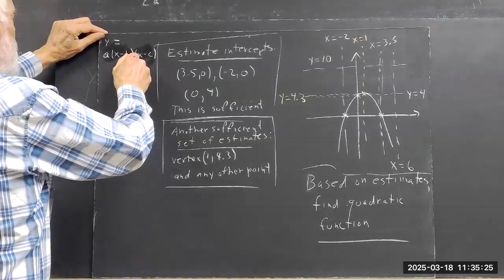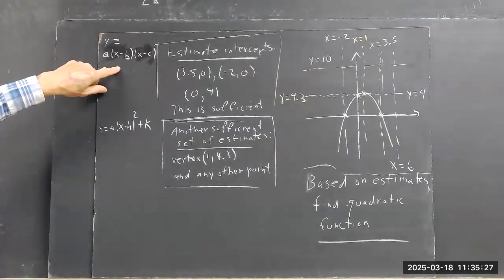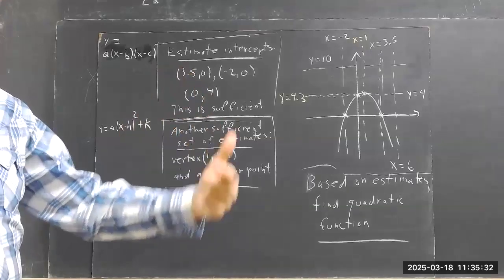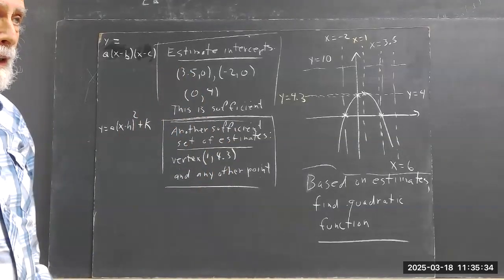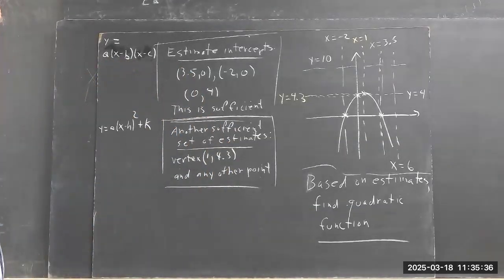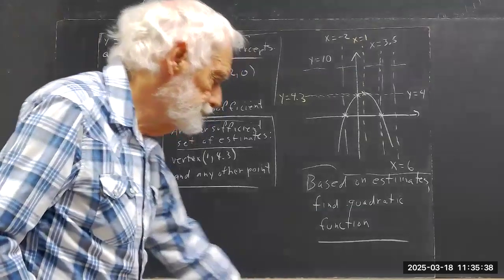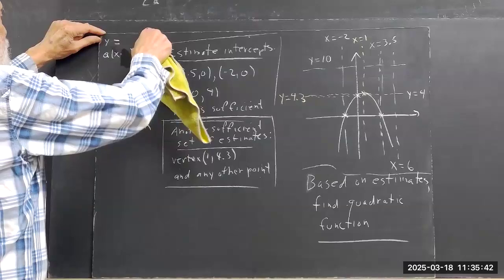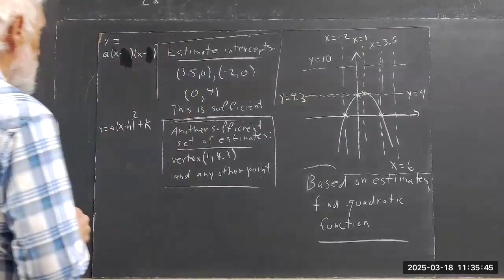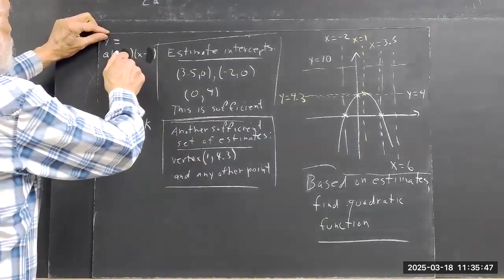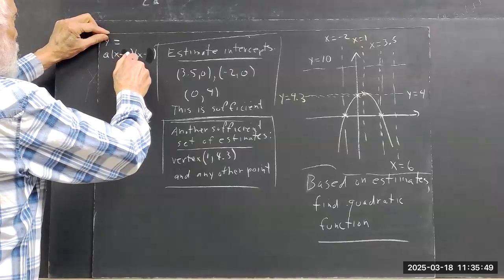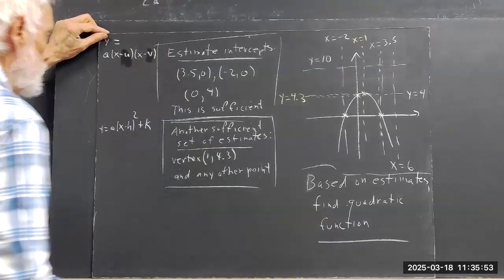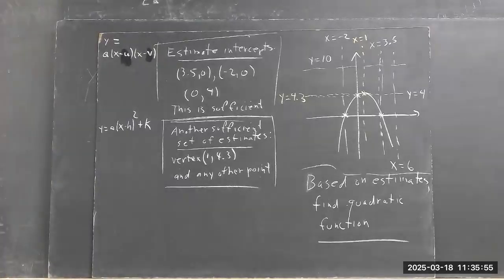I don't really like using b and c here, but I'm going to use them anyhow because b and c could be like ax squared plus bx plus c, right? And b and c kind of invoke that. Matter of fact, it bothers me so much, and I'm going to change it. I'm going to go all the way to the other end of the alphabet. (x minus u) times (x minus v). Okay.